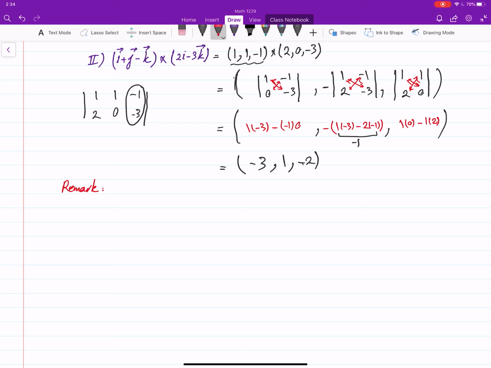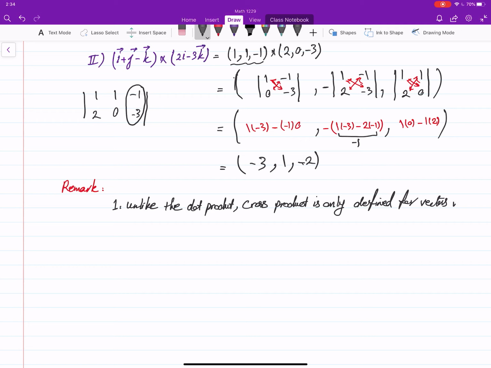First thing first: unlike the dot product, the cross product is only defined for vectors with 3 components.